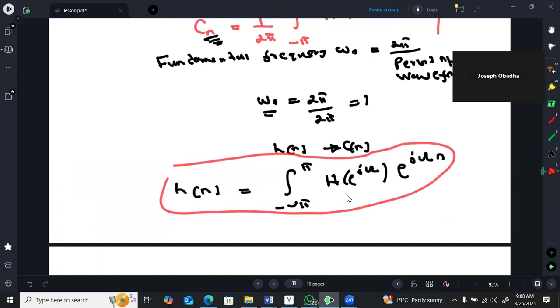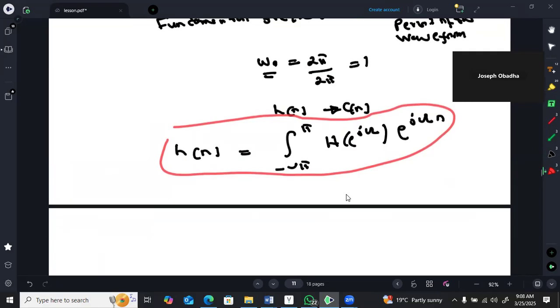Consider a possible Z transform if we substitute e^{j omega} equal to z in this function.